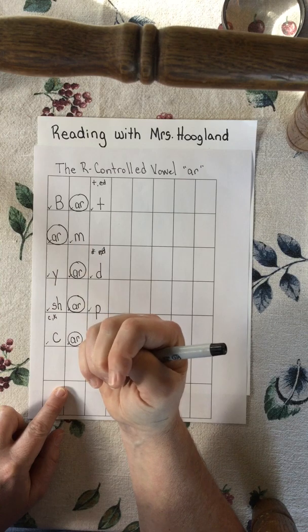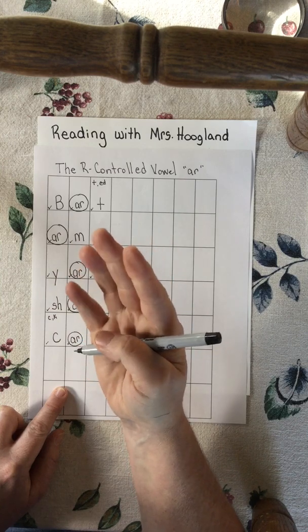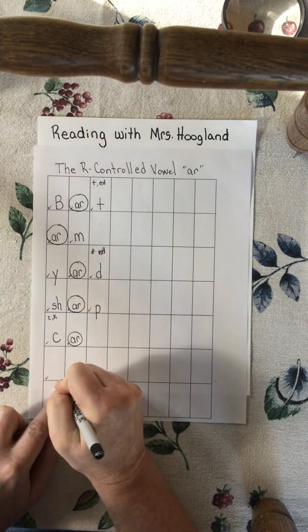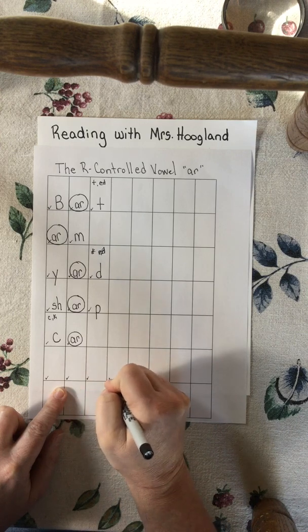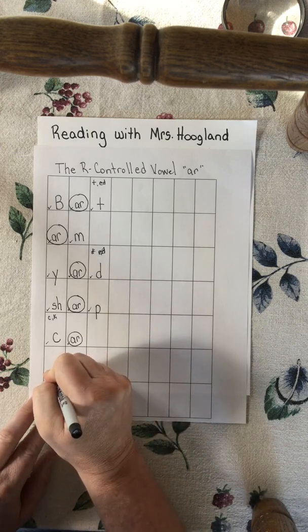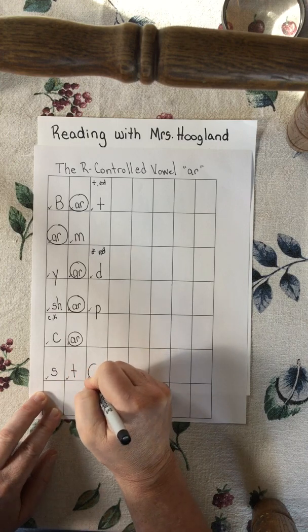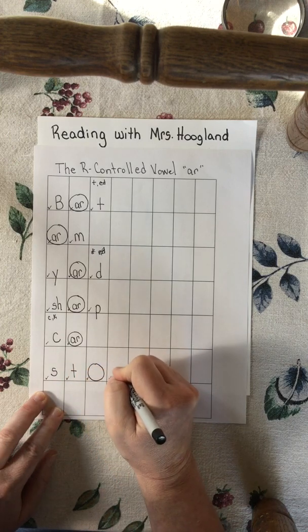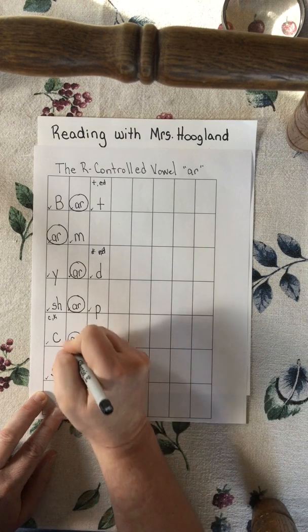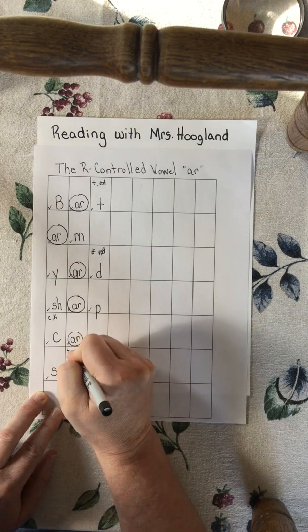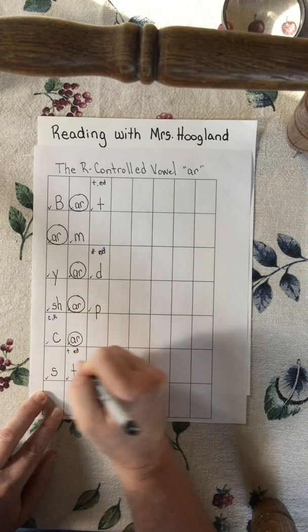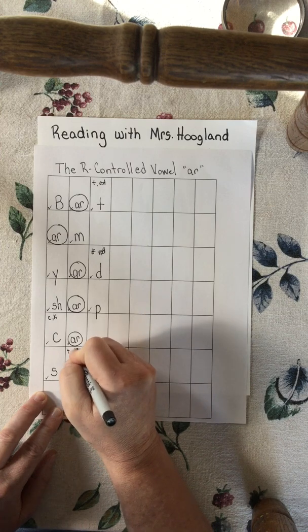The next word is start. Start. Four sounds. R. And again, this T could either be T or ED. It's a blend at the beginning, so we know it's not this.